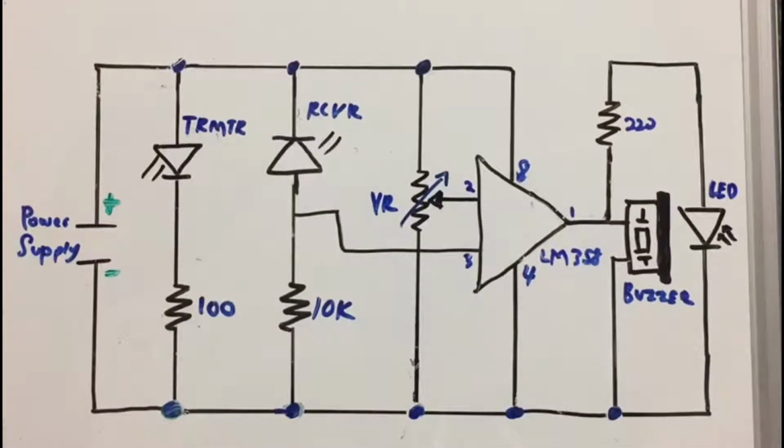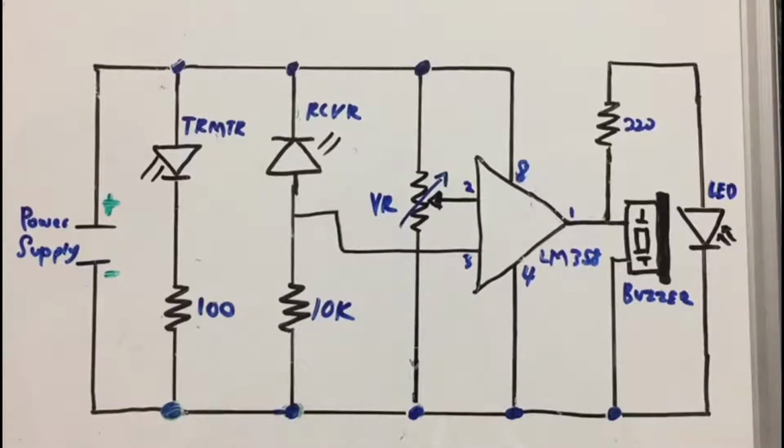This is the schematic diagram for our project. In this project, we use the application of the Wheatstone bridge circuit with the IR proximity sensor that uses a transmitter and receiver photodiode on the circuit.